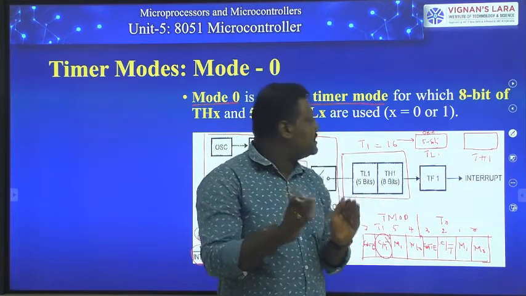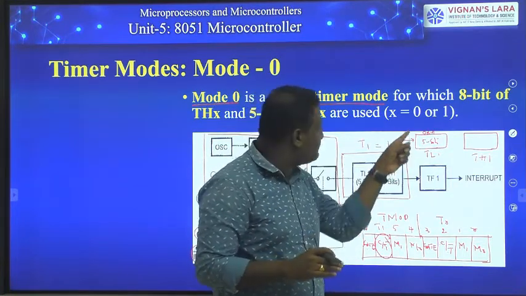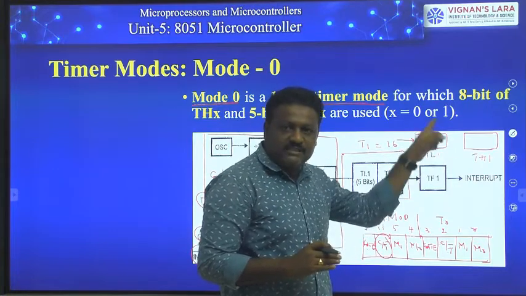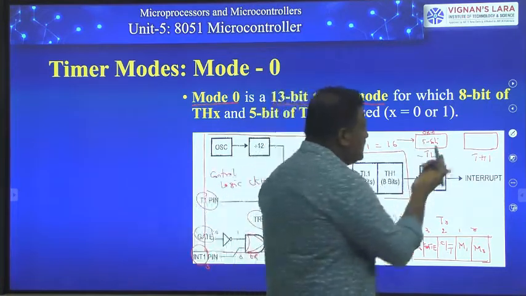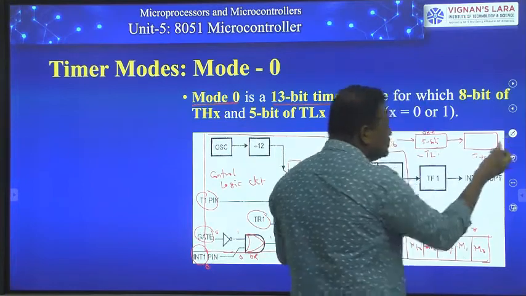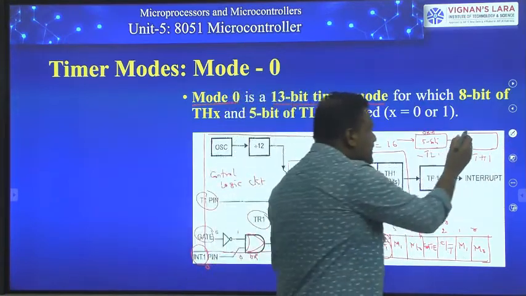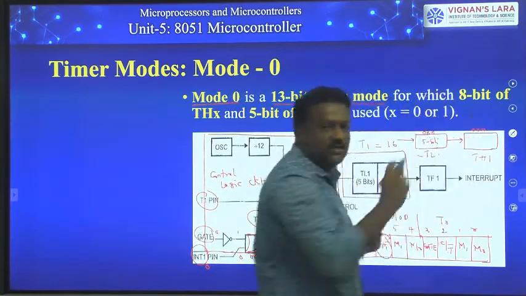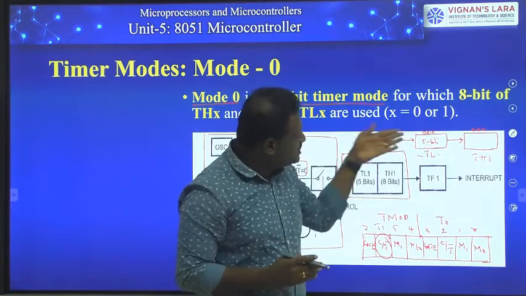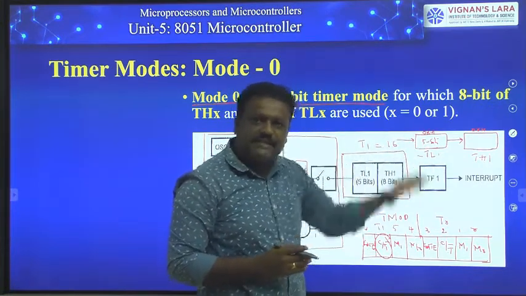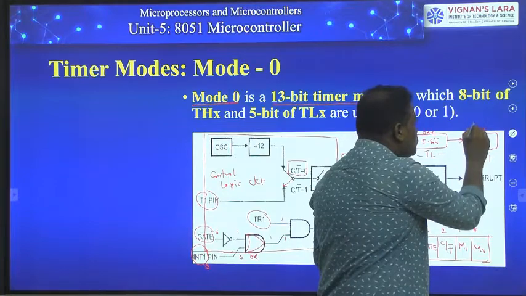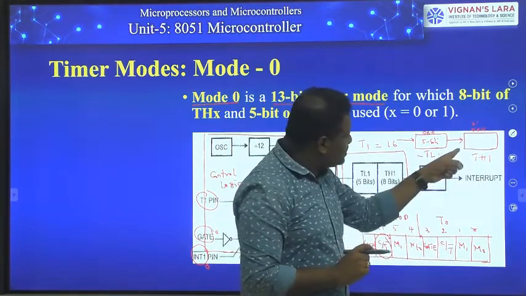That means this TL1 totally counts only 32 clock pulses. After 32 clock pulses, it receives one more clock pulse. What happens is the content of this TL1 becomes 0. Then the clock pulse is applied to TH1. Initially TH1 is loaded with 00H. Once it receives the clock pulse after TL1 crosses, this value changes. Now what's the size of this?